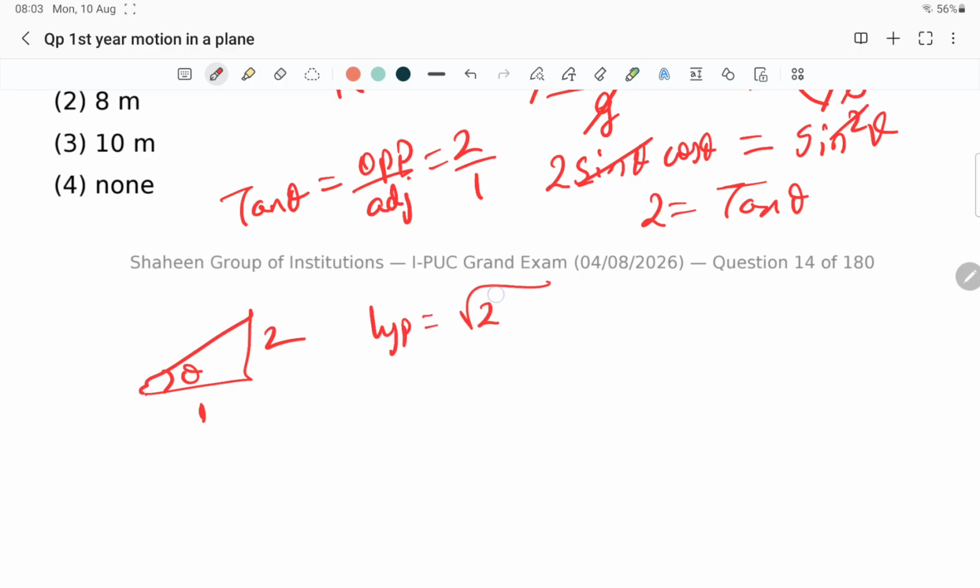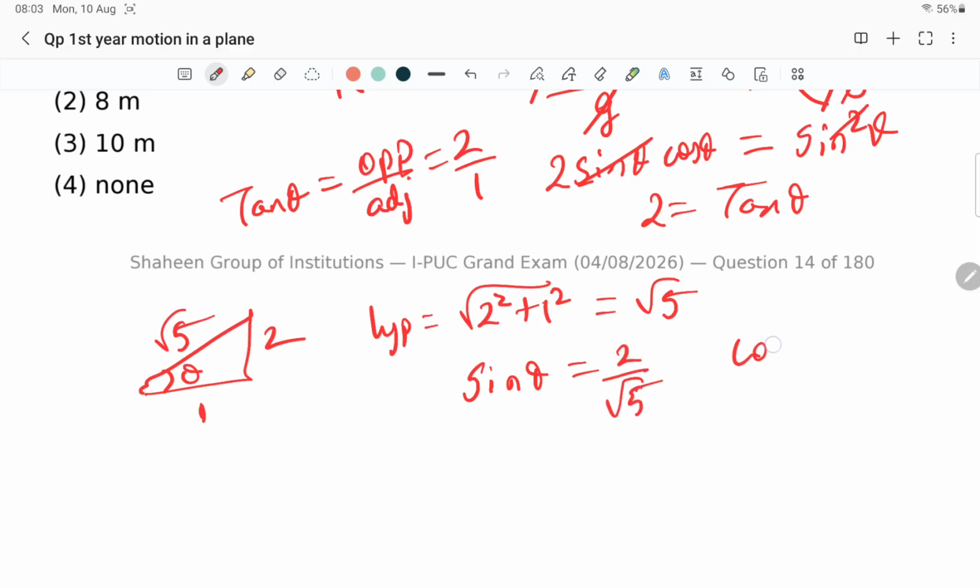Hypotenuse will be root of 2 square plus 1 square, so that is root 5. From this you get sine theta as opposite by hypotenuse, 2 by root 5, and cos theta as adjacent by root 5. Okay. So now we have in the range formula sine 2 theta, it is 2 sine theta cos theta.